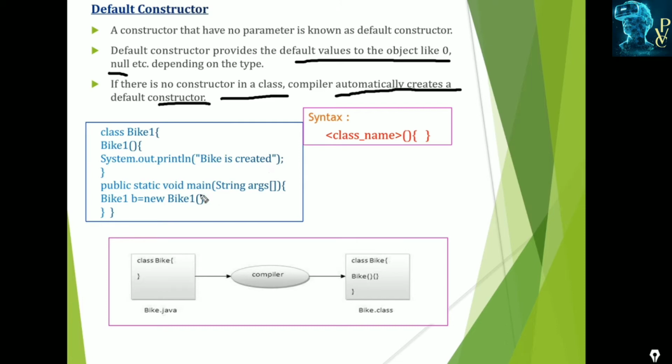In the main method, we are just creating the object: Bike1 b = new Bike1. When we create the object, the default constructor is automatically invoked. No need to call the constructors specially. These are automatically invoked when we create the objects by using the new operator.